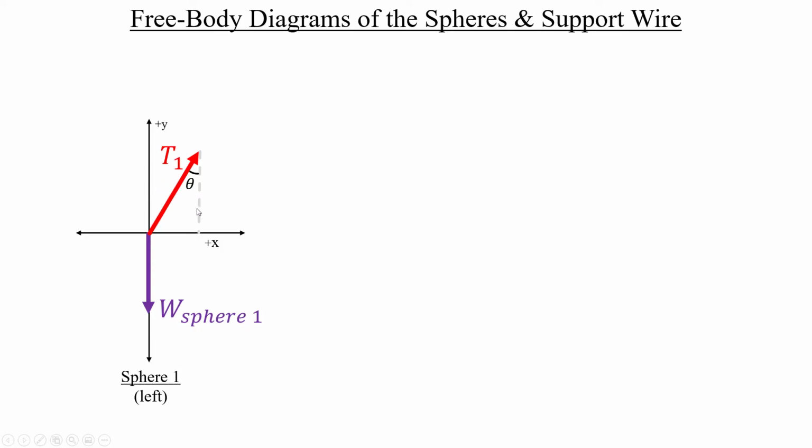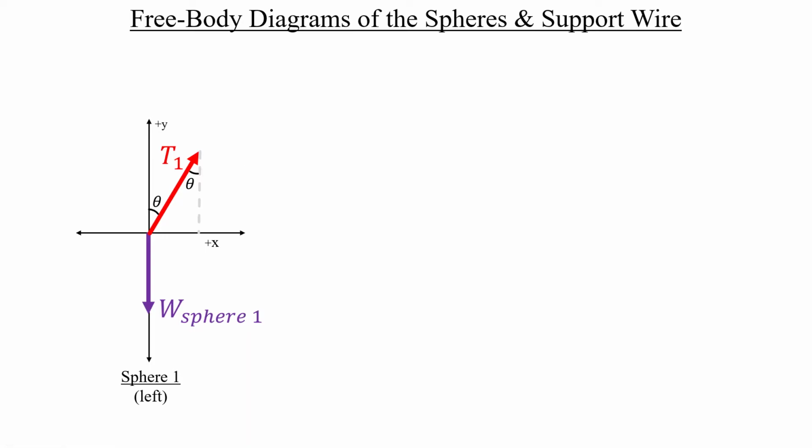So within that isosceles triangle, we are allowed to mirror this angle into the base of the tension vector, like this. That's totally allowed because these two lines are parallel to one another. And so we got what we wanted, right?